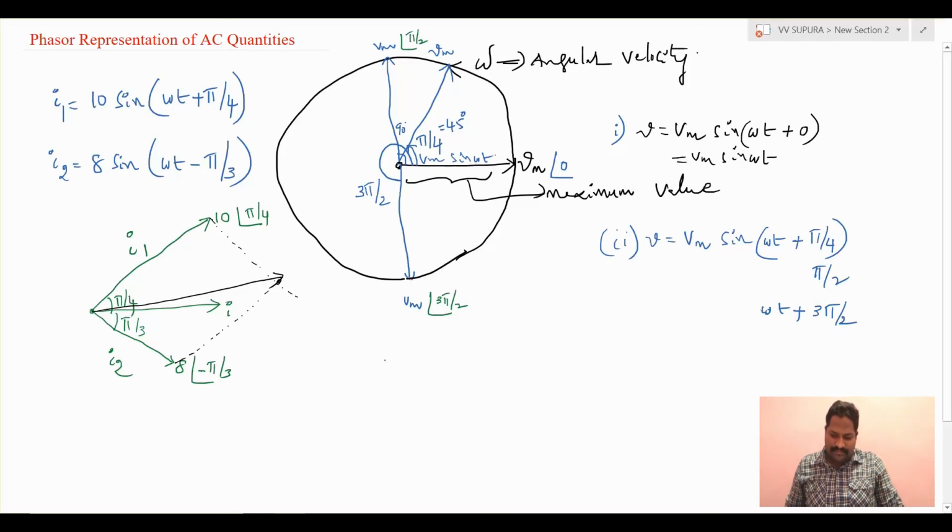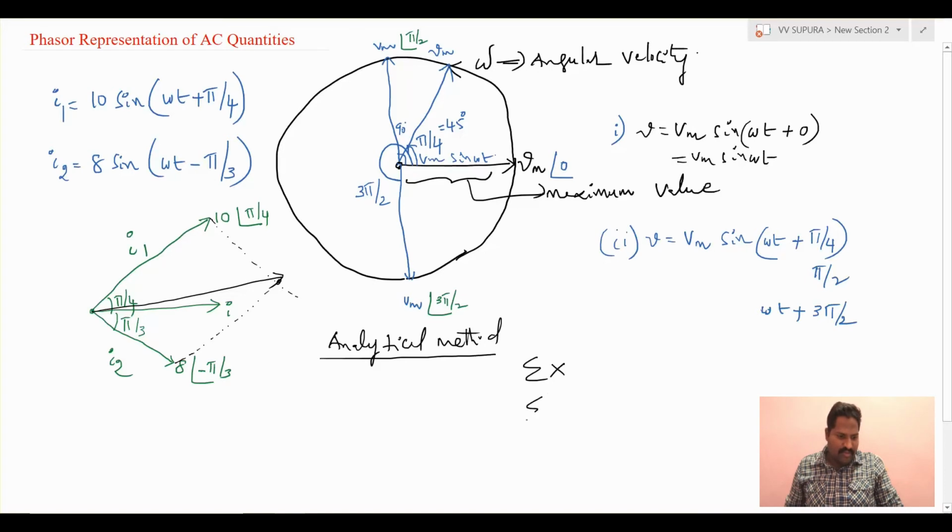One method is the analytical method. In this method we calculate the sum of the quantities related to the x-axis, the x components, and the sum of the y components.